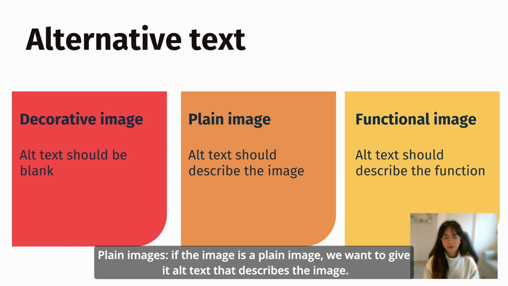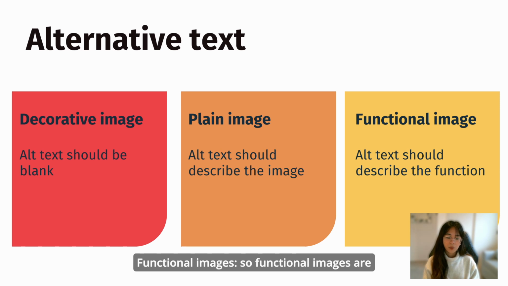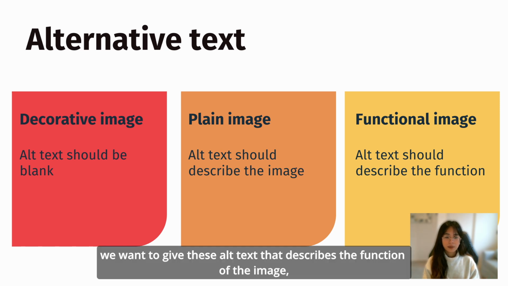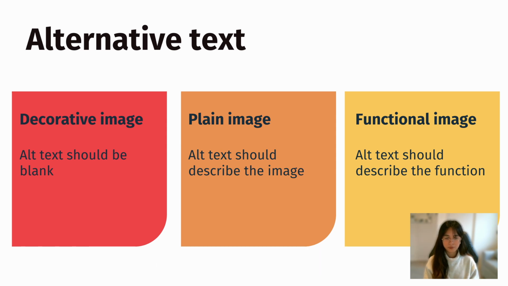But yeah, to summarize, decorative images provide blank alt text. Plain images, if the image is a plain image, we want to give it alt text that describes the image. And functional images, so functional images are images that are also a link or a button. We want to give these alt text that describes the function of the image rather than the actual image itself.